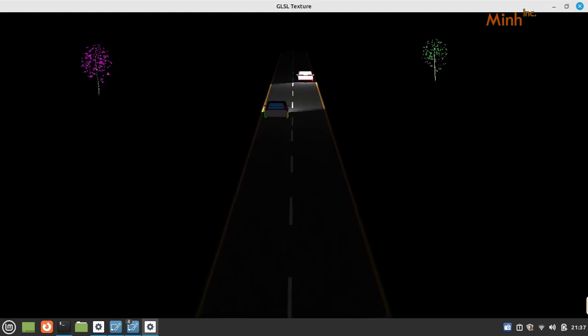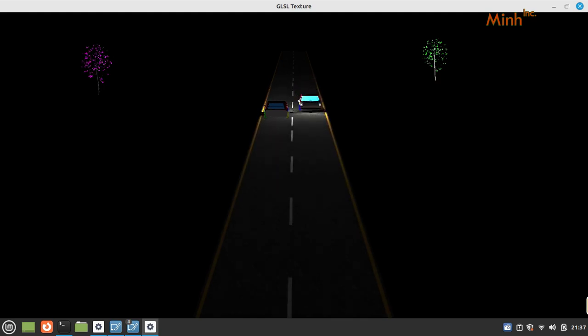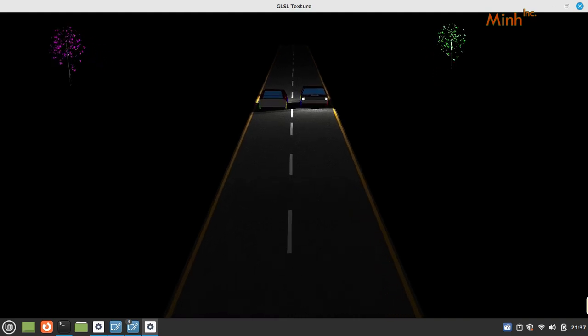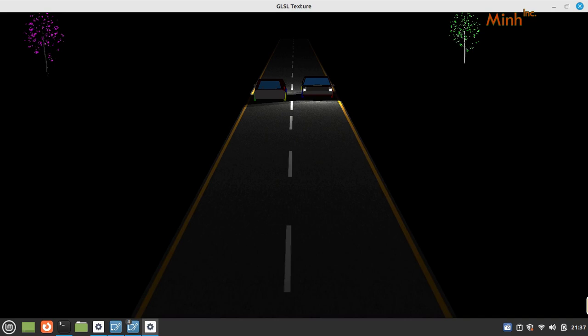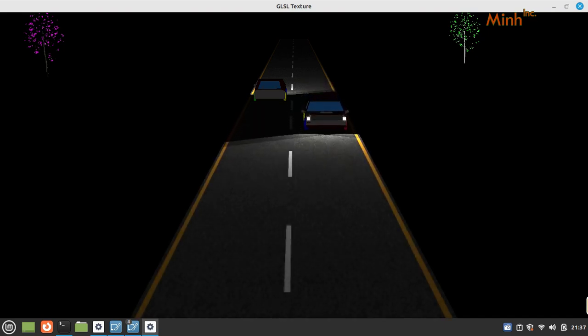Now, the first car is moving, and can we see? The headlight of the second car is not on the first car. Okay, I can make it bigger. Now the first car is moving silently.